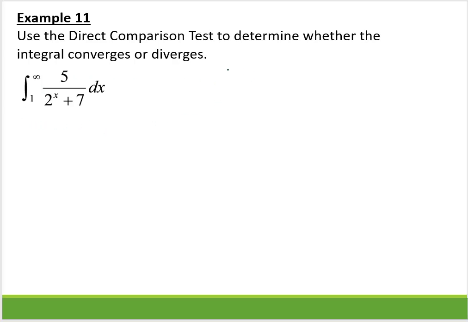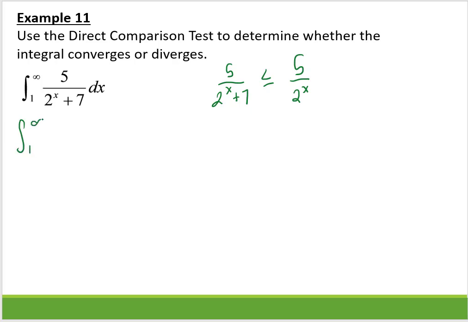I'm going to compare this function, taking away the 7, to this function. Smaller denominator, same numerator, larger denominator equals smaller overall number.